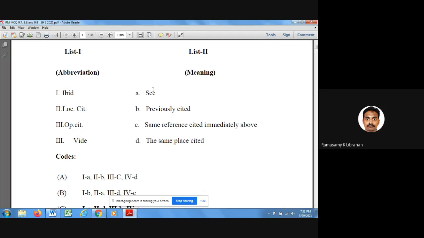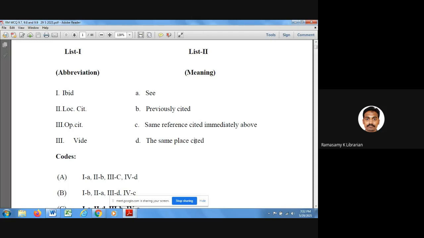What is VIDE? It stands for see, through this. What about LOC.CIT and OP.CIT? Please make a clear difference between these two items. See, LOC.CIT means the same place cited, the same reference, the same page, but there is a gap. There is an interference between two references.